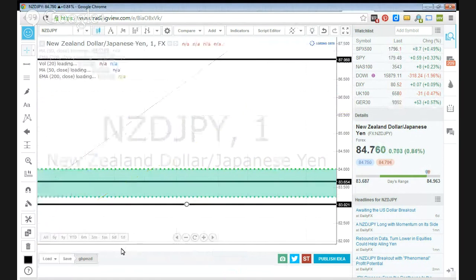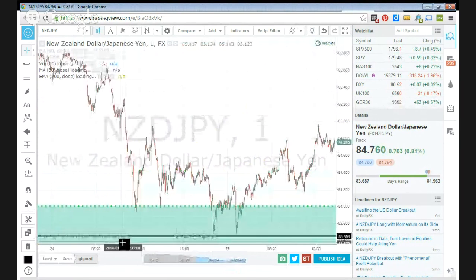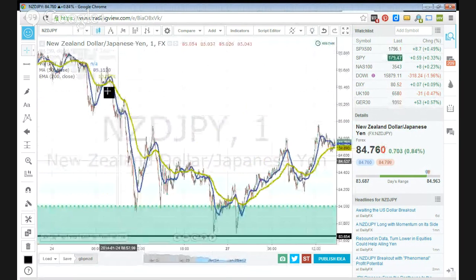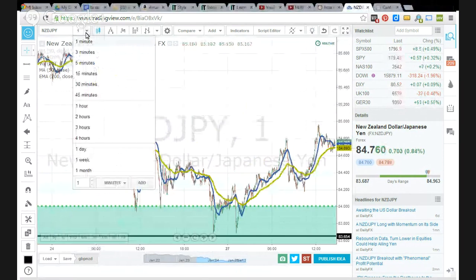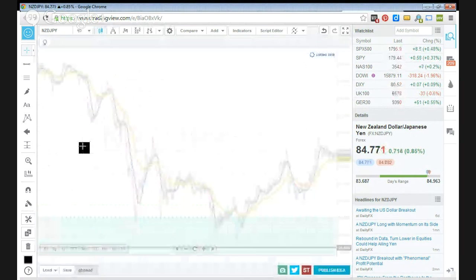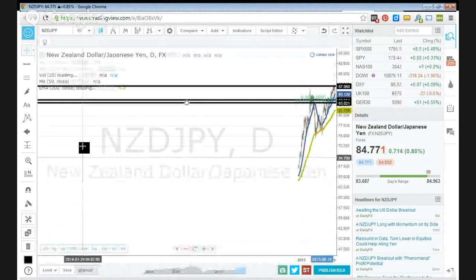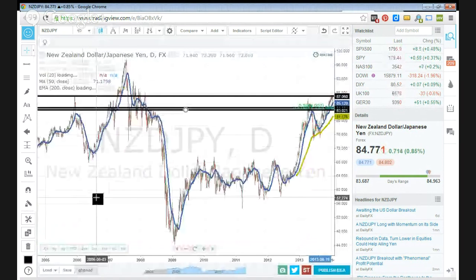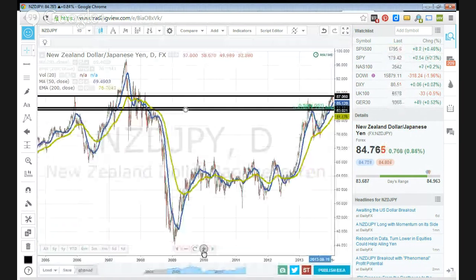Sometimes you have to look at different chart levels to get a clear idea of where the support resistance levels really are. What's going on here? Zoom in a little bit.